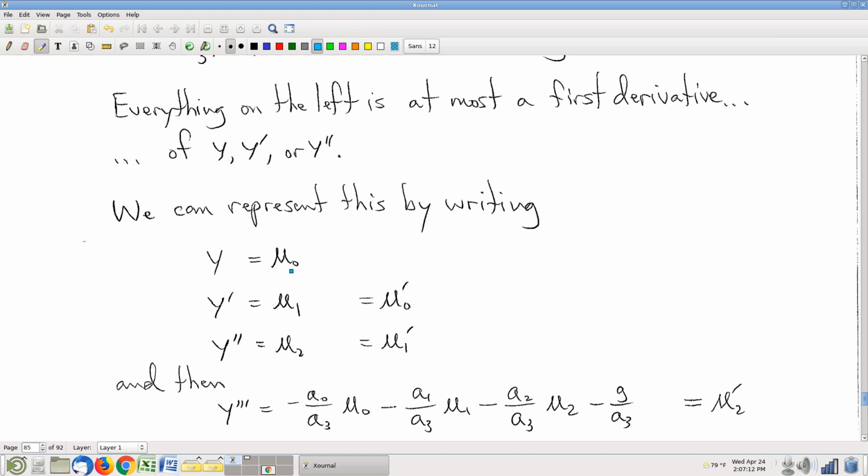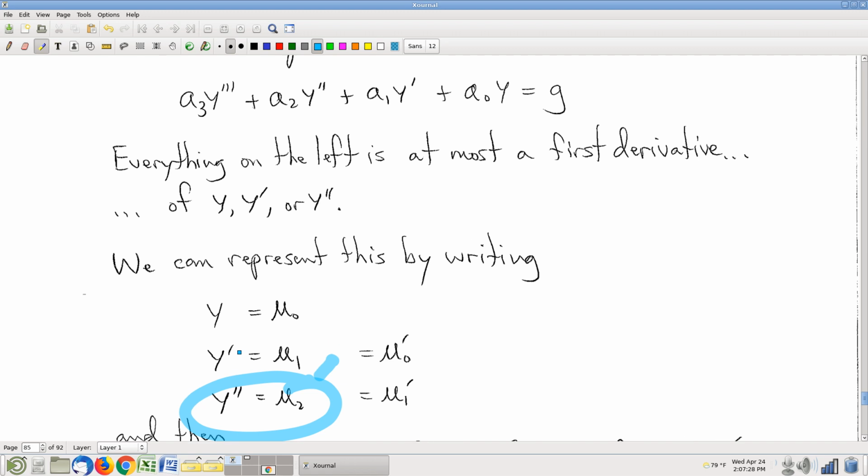And having done so, noticing that U0 prime is U1, U1 prime is U2, and noticing that U2 prime would be y triple prime, which is that which I can solve for in the original equation.